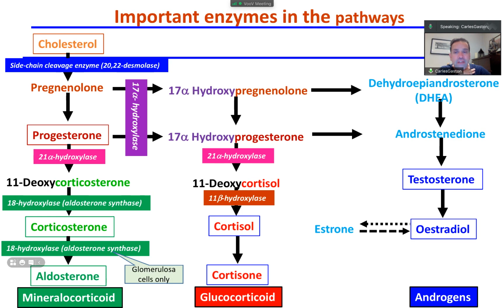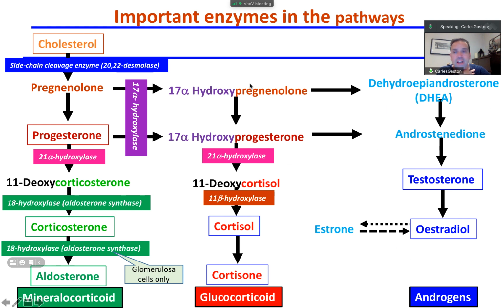I'm just putting this here, if you remember from lectures 23 and 24, the important enzymes in the production of the steroid hormones. Remember, the first one, mineralocorticoids, were in the adrenal gland. The second part, glucocorticoids, were in the different zones of the adrenal. And then this one is the production of glucocorticoids and androgens.